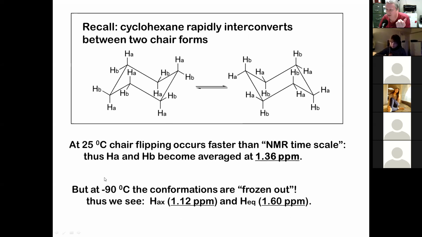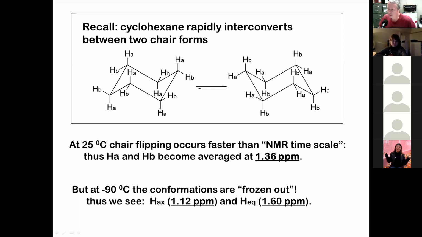At negative 90 degrees, you actually slow down the flipping, so it's not flipping as fast as possible, and we can see the individual conformations. So I can see the axial and the equatorial, the different kinds of protons in a cyclohexane. That's a very rare, kind of weird case, but I just wanted to mention it.